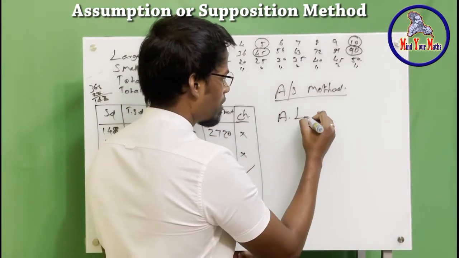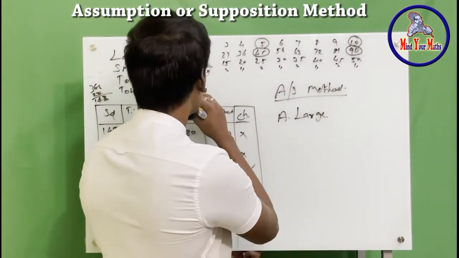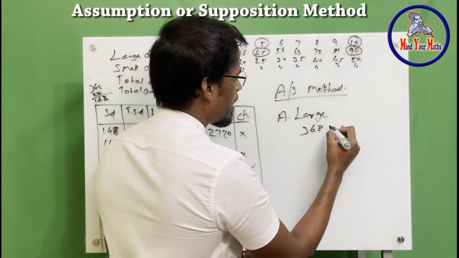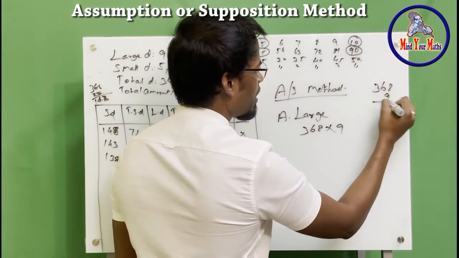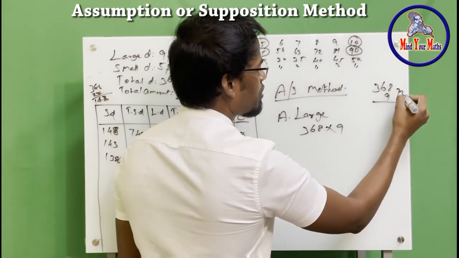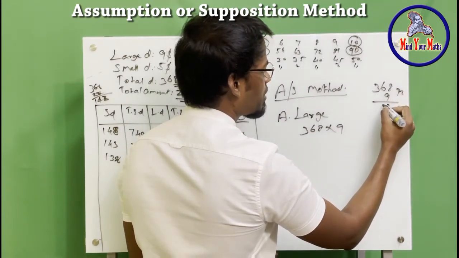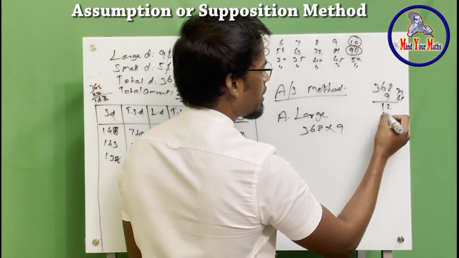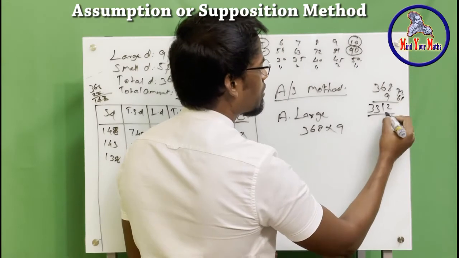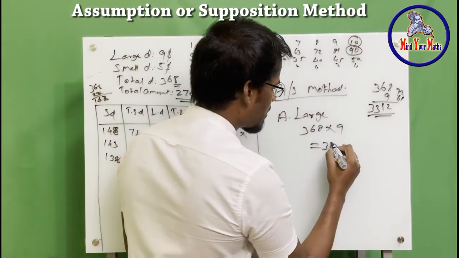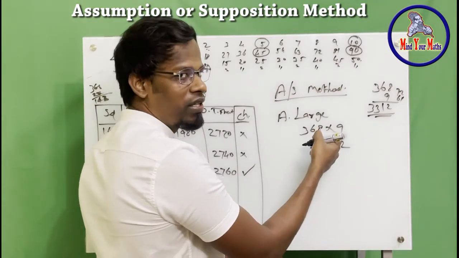In that case, let's multiply 368 times 9. 9 times 8 is 72, 9 times 6 is 54 plus 7 is 61, and 3 times 9 is 27 plus 6 is 33. So this is the amount you will have, 3312, if you sold all of them at the large durian's price.